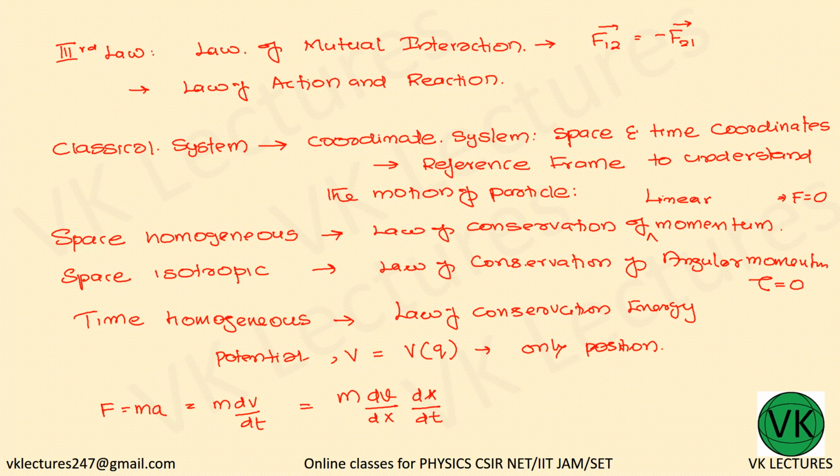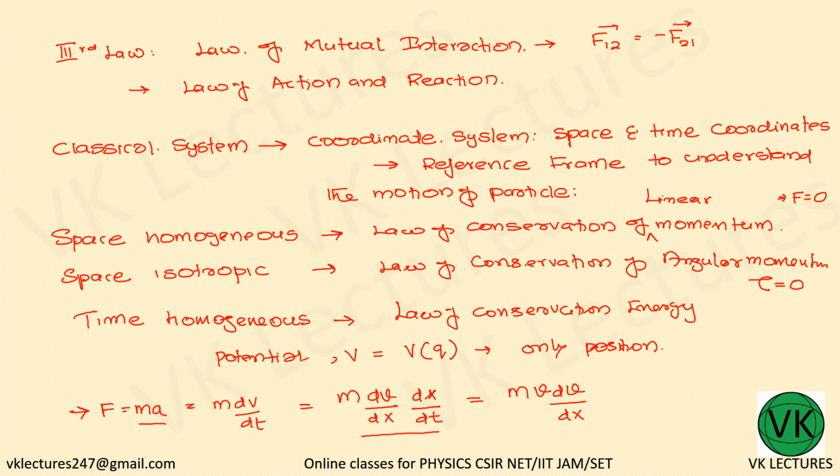And dx by dt is nothing but the velocity, so this is also equal to m v dv by dx. That means we have the acceleration a. Now from the equation F is equal to ma, we can compare with this equation as well as this equation.